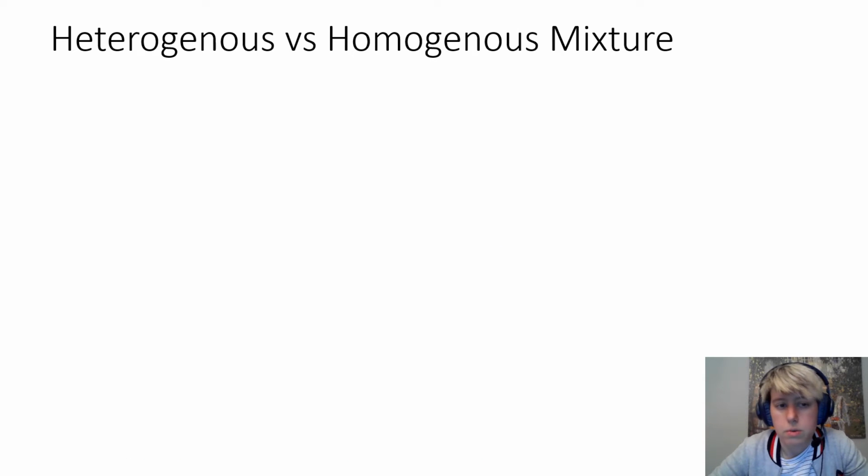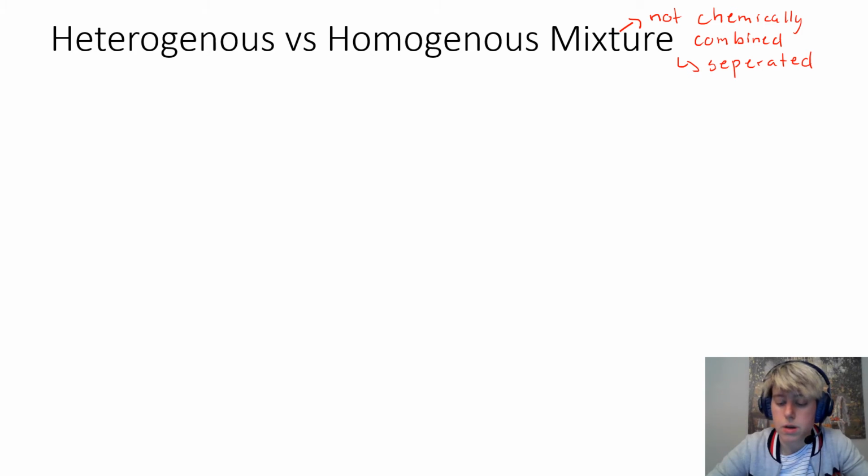Now, the next thing that we're going to recap is the difference between a heterogeneous and a homogeneous mixture. Now, the first thing that we need to realize is that mixtures are not chemically combined, and that mixtures can be separated, unlike molecules, which are chemically combined.